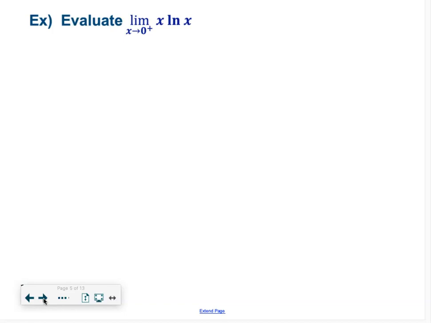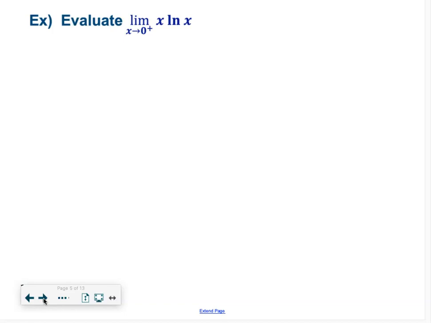So first example of the day. Happy Monday. We have the limit as x approaches 0 from the right of x times the natural log of x. Before we start, I have a question for you guys. Why did I have this be the limit as x approaches 0 from the right? Why didn't I just do the limit as x approaches 0?